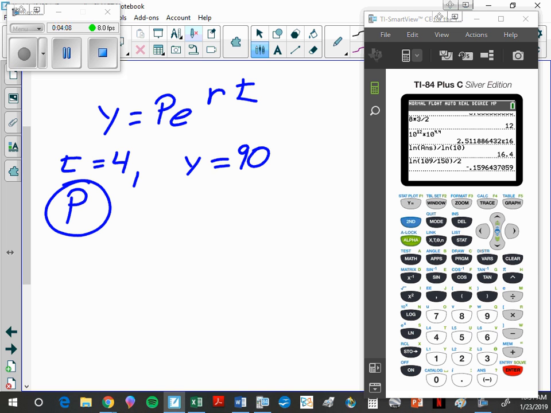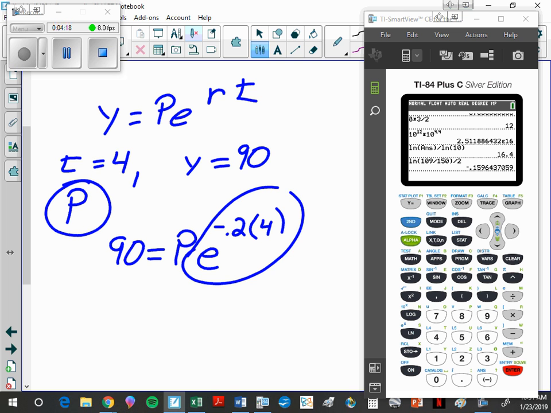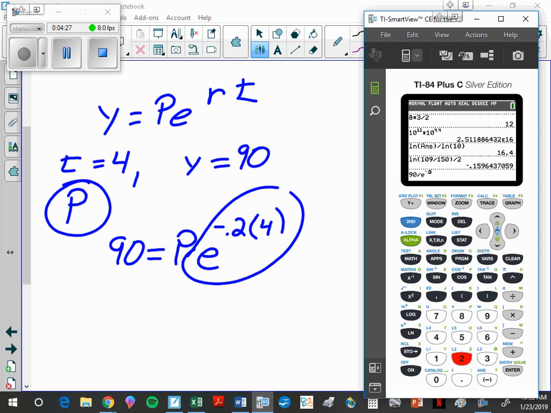Well, we just plug it in. 90 is equal to P times E to the negative 0.2 times 4. And this is all just a number, so I'm going to divide 90 by that. So 90 divided by E to the negative 0.2 times 4. And if you have the older calculator, make sure you use parentheses in the exponent.